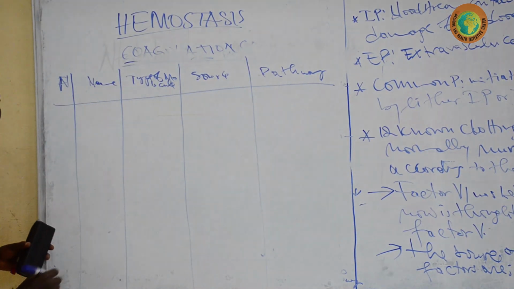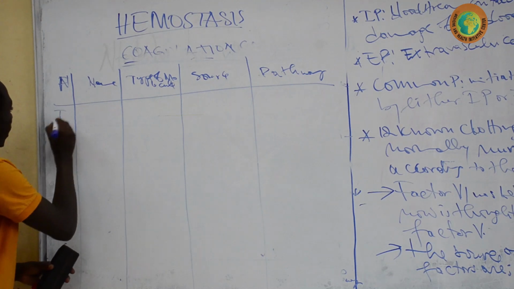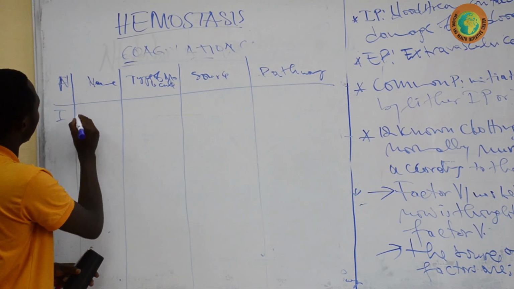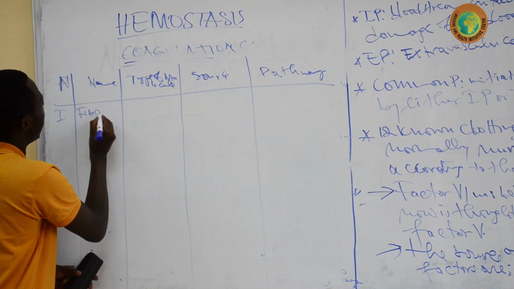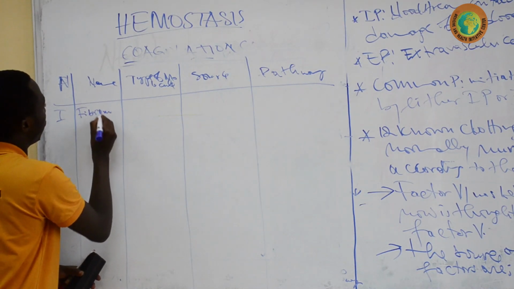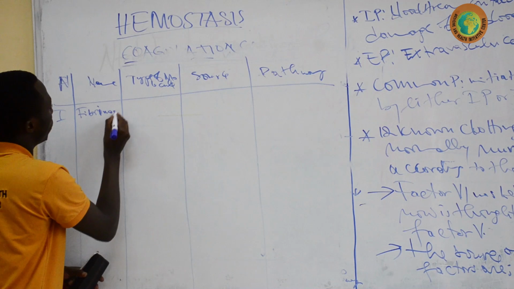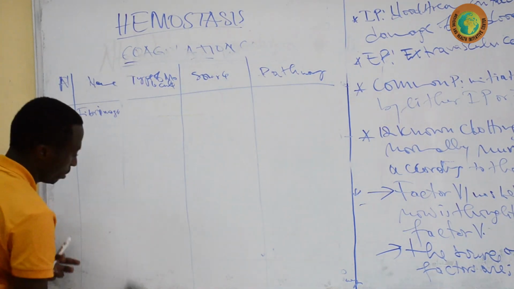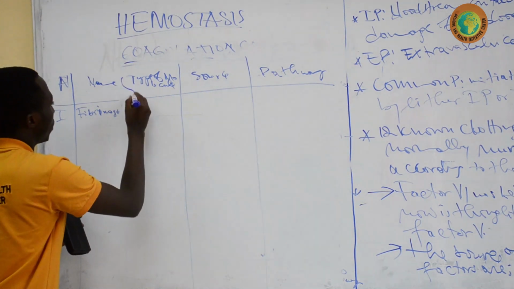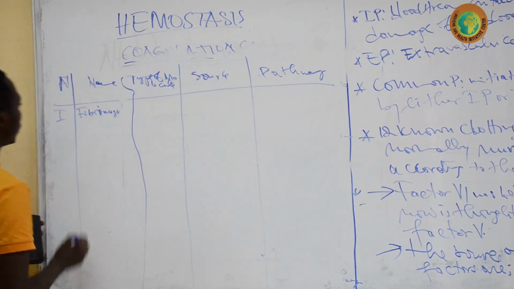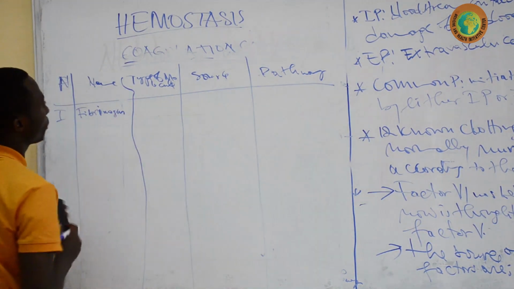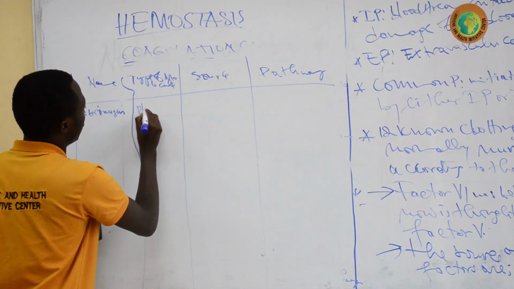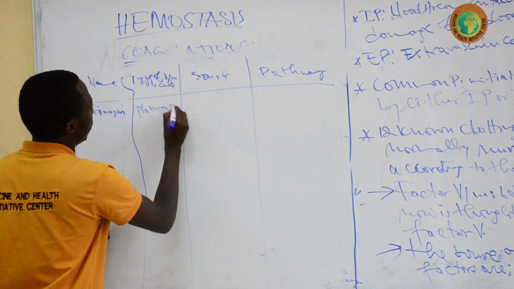Factor 1 is called fibrinogen. Of course, it is a plasma protein.